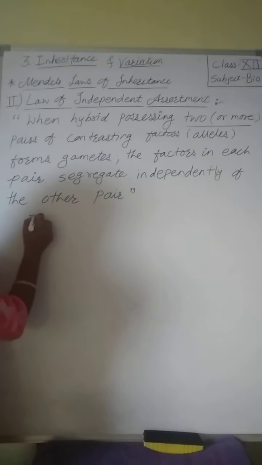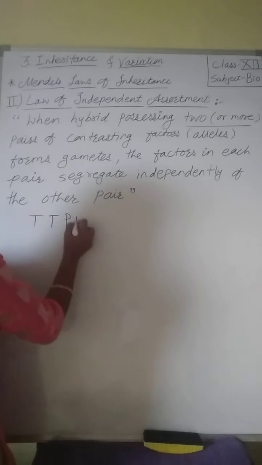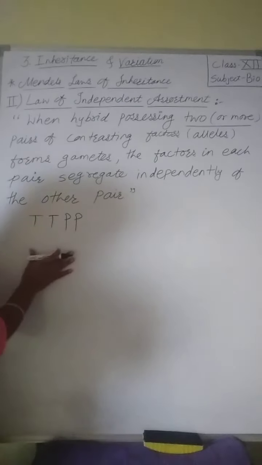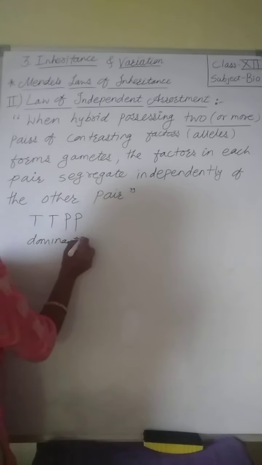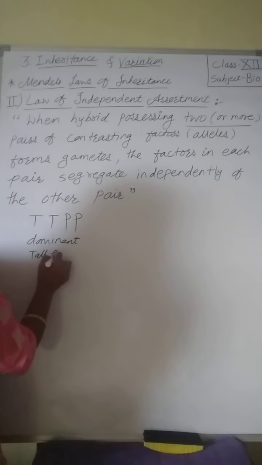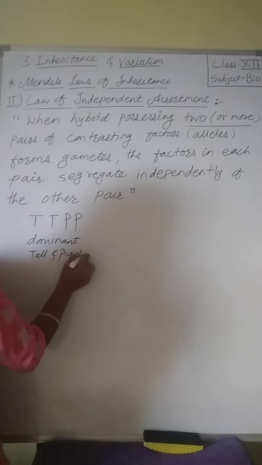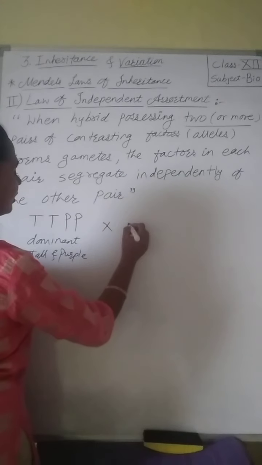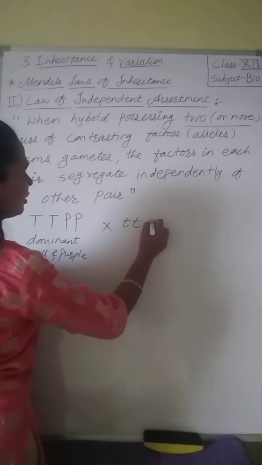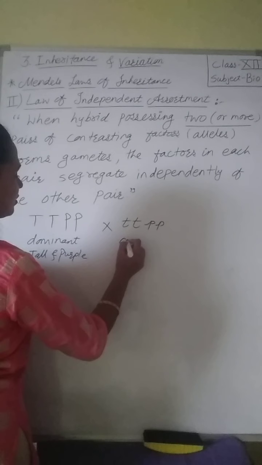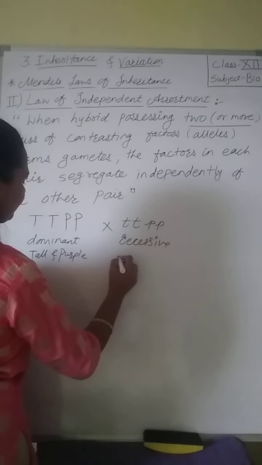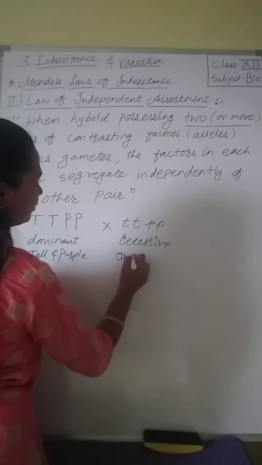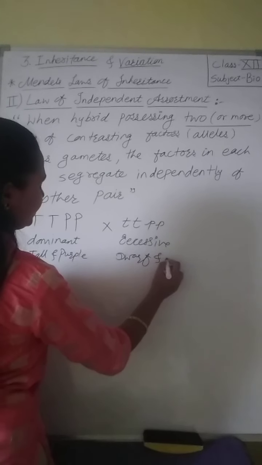Suppose this is capital T, capital T, capital P, capital P, meaning both are dominant, tall and purple. The contrasting parent has small t, small t, small p, small p, meaning recessive, dwarf and white.